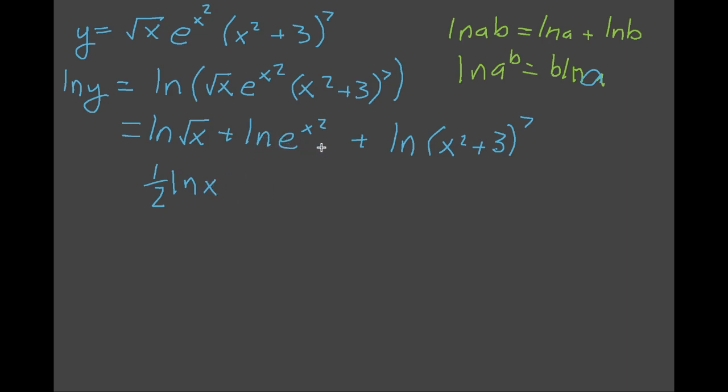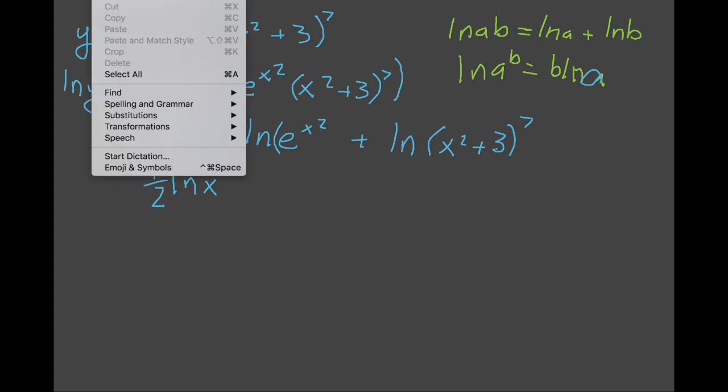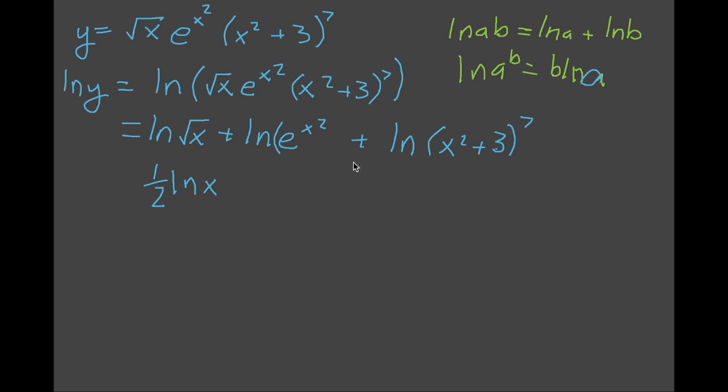Now for ln of e to the x squared, now this would be the same as saying e to the x in parentheses squared. So we're going to bring down just that square because we know how to take the derivative of an e to the x easy. In fact, actually, let's just scratch that whole thing that I just told you. Because one other fundamental law of logarithms that we did not go over is that natural log and e cancel each other out.